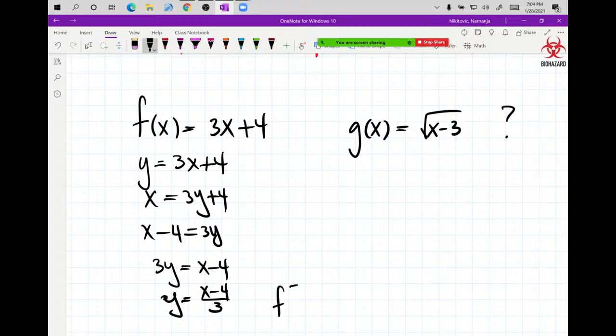So the inverse of f is x minus 4 over 3, so no, they're not inverses of each other. So that's one way to figure that question. But there is a much better way.